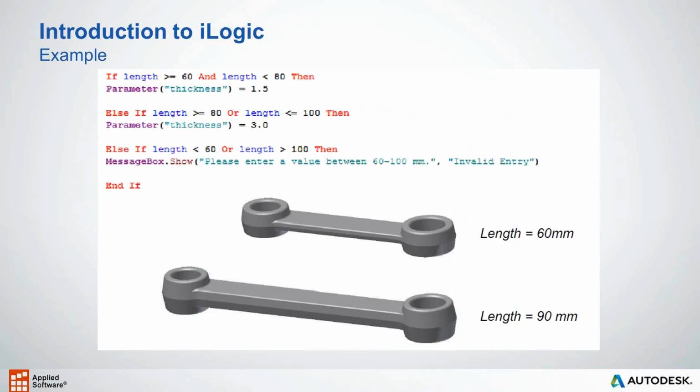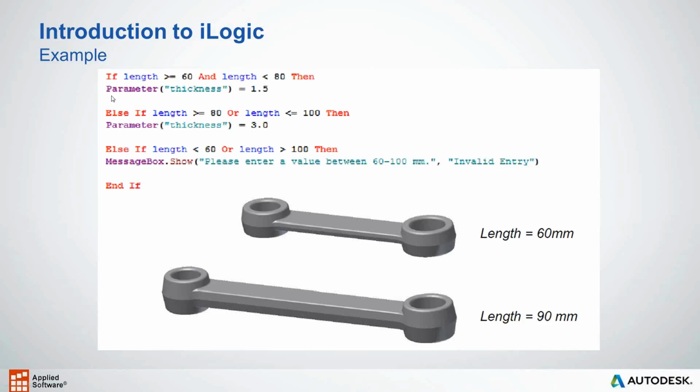Next, you see on your screen, I'm wanting to show an example. In this example, iLogic is used to control the thickness of this connecting rod based on its length. The rule that controls the geometry indicates the range of values that are acceptable and what thickness value is to be used.